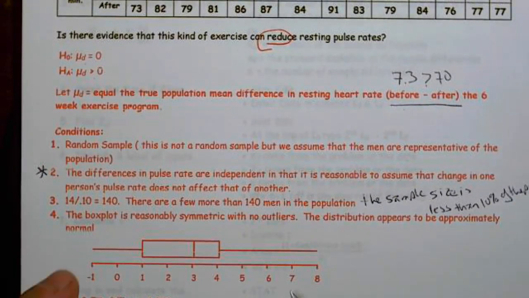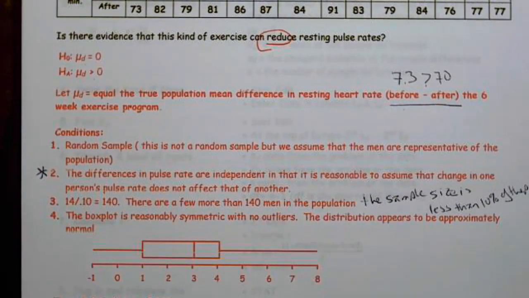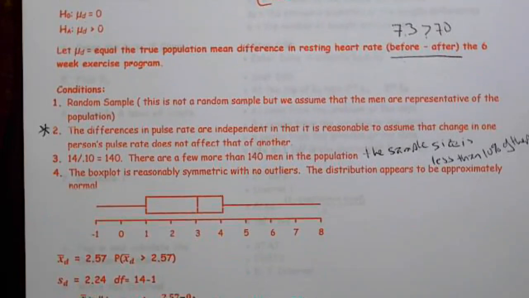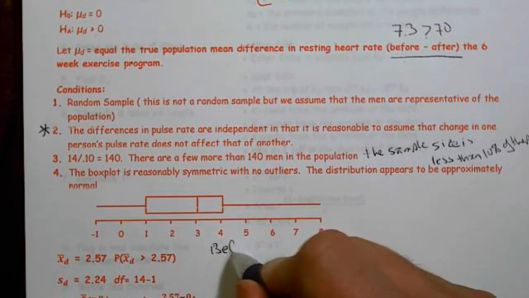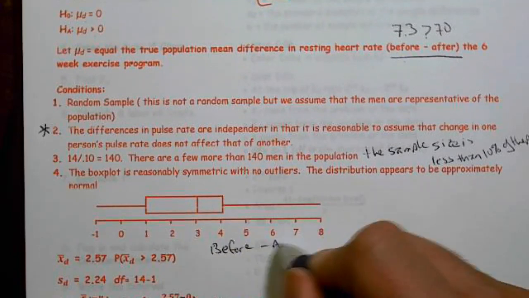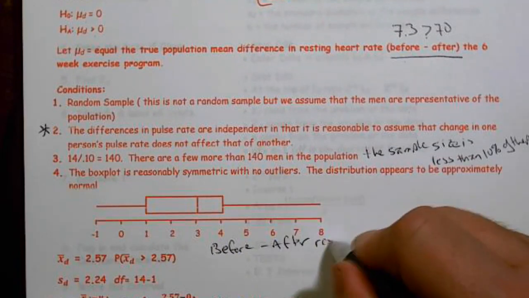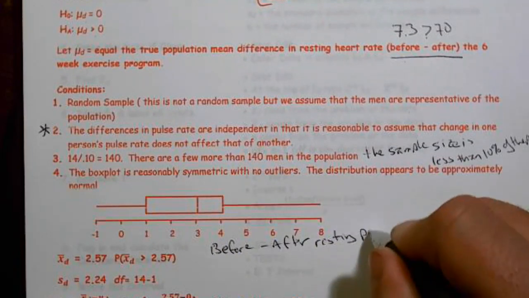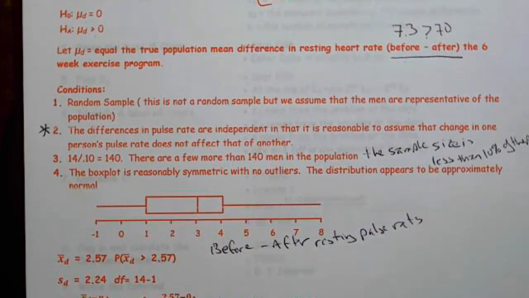All right. Now, the next thing, we need to check normality, and we're going to do that by creating a box plot. Before minus after, putting a label for resting pulse rates. All right, so how am I going to do that?